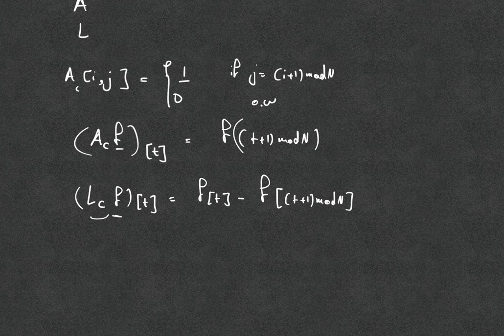Now you can see that multiplying the adjacency matrix by the vector of representations will be the same as propagating them forward, and multiplying by the Laplacian matrix is about computing the difference between the value of a signal at a certain node and all of its immediate neighbors. And that would be the use of the Laplacian here.